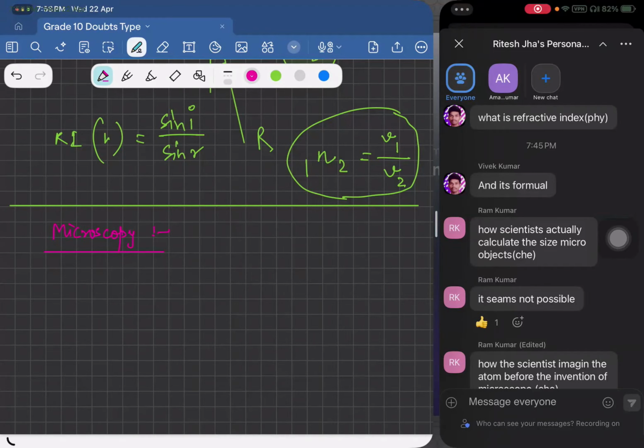But when you are asking about chemistry, how do they measure, you're actually asking how they measure the length of a crystal or the size of an atom and all that.